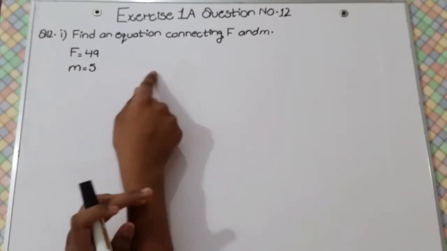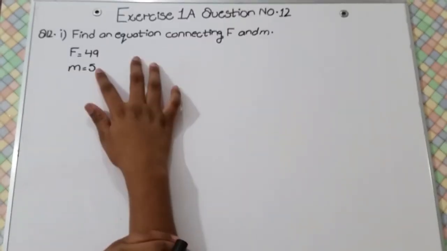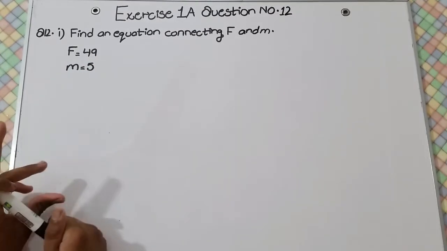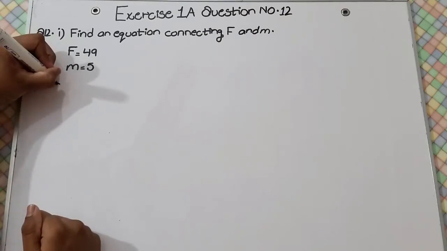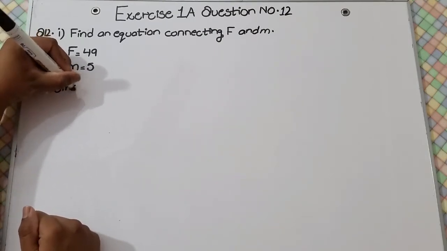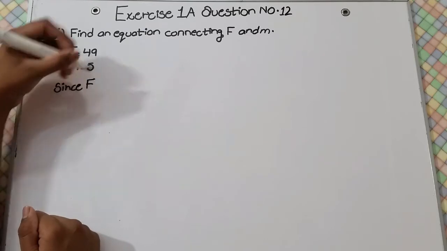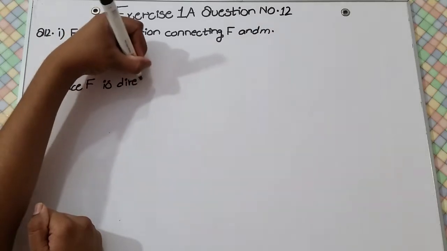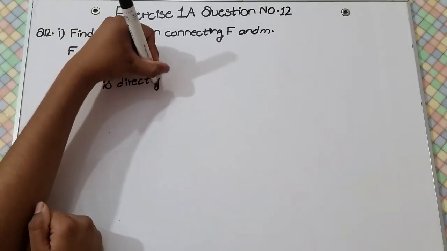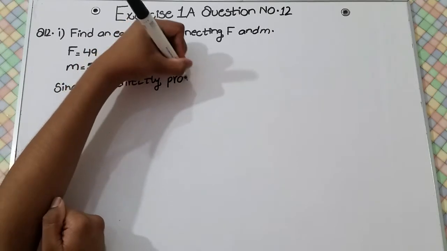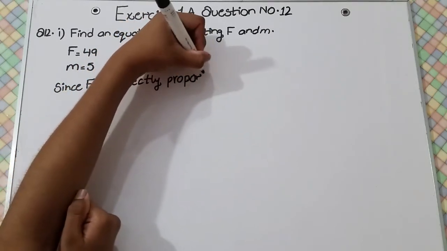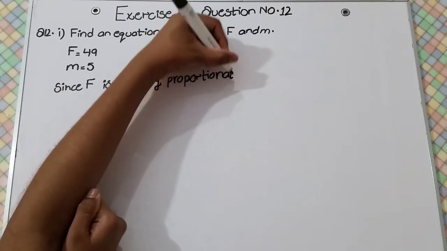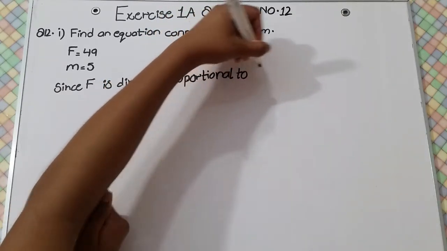The first part was to find an equation connecting F and m. I have written the values of F and m, so we are going to do the same. In the question it says that F is directly proportional to m.